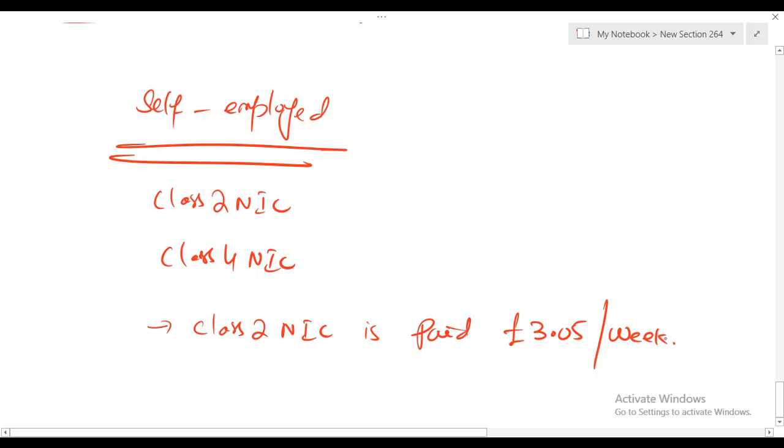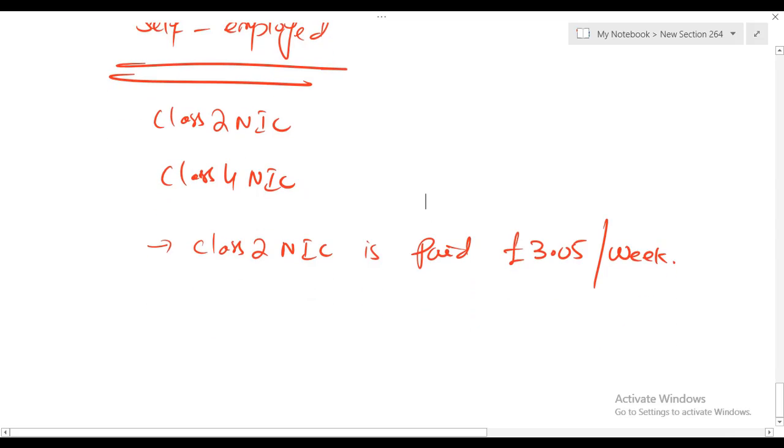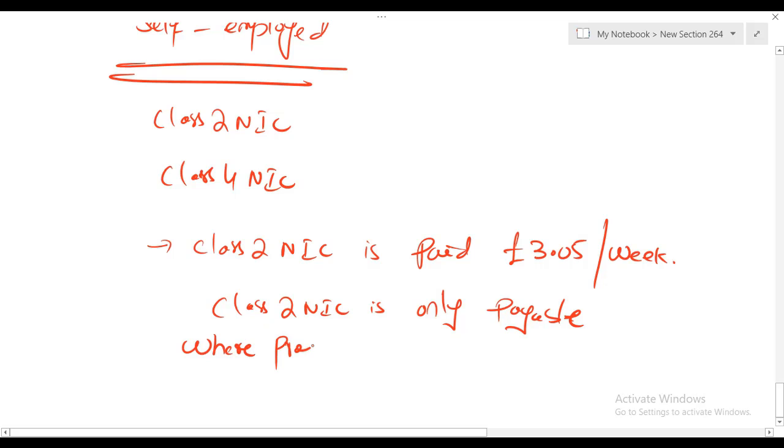But class 2 NIC is only payable where profit is more than 6475. Repeat. Class 2 NIC is only payable where profit is more than 6475.